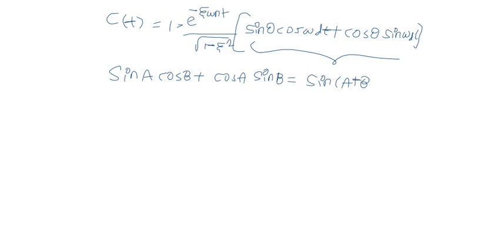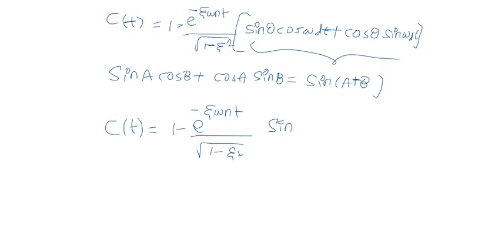In place of a we are having theta, in place of b we are having omega d. So I am rewriting the C of t as 1 minus e power minus zeta omega nt by under root of 1 minus zeta square into sine omega dt plus theta.